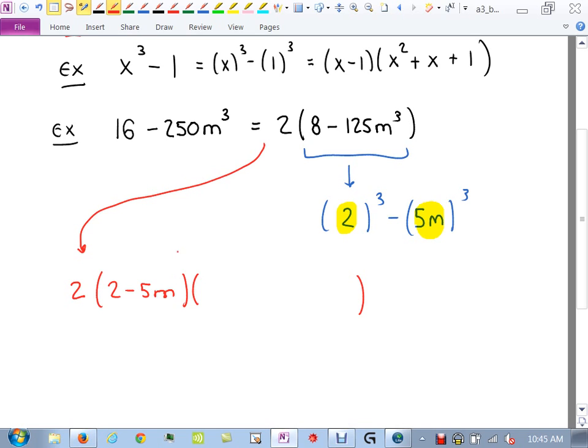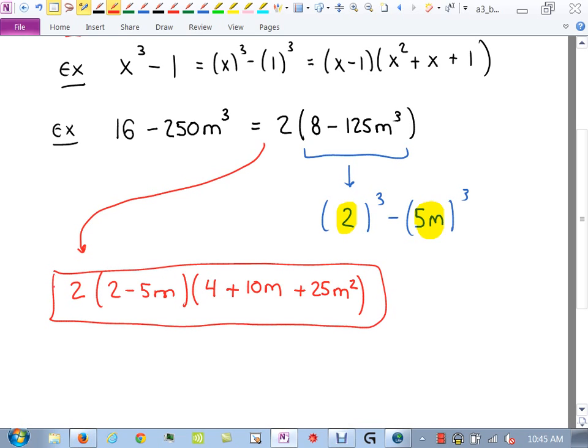The next one is a squared, so 2 squared is 4. Then plus 10m, that's a times b, that's 2 times 5m is 10m. Plus, you've got to square b. Square the whole thing. 25m squared.